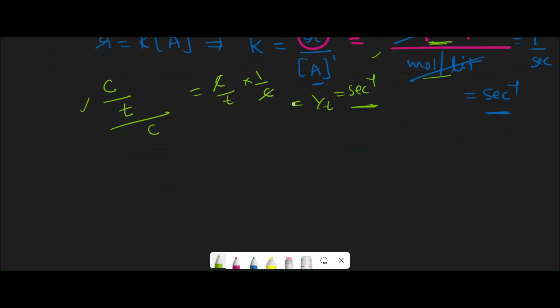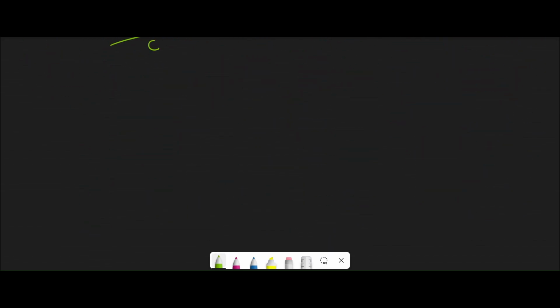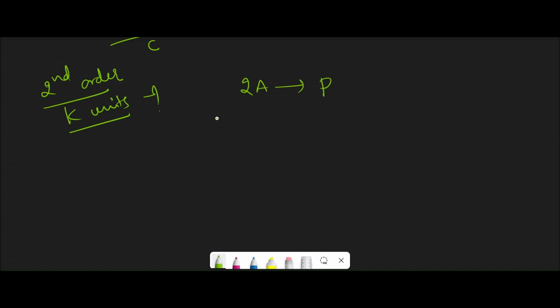Similarly, you can calculate for the second order reaction. For second order, what are the units of k? Very, very important. So once again, I am assuming a reaction like this: 2A gives rise to product, and as per the rate law I'm writing r equal to k into a to the power of 2.